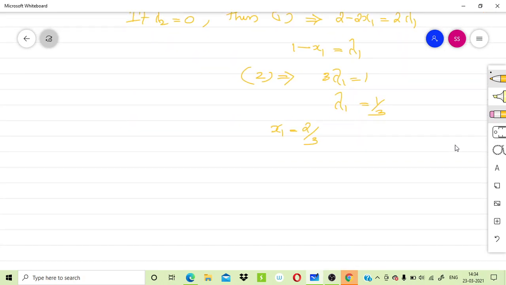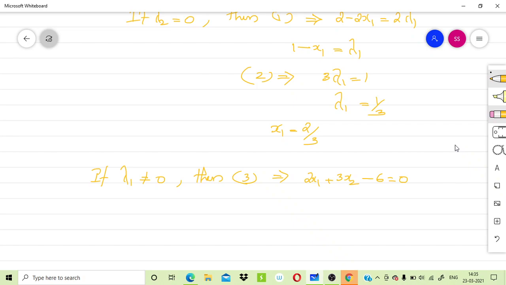So if lambda 1 is not equal to 0, then equation 3 becomes 2x1 plus 3x2 minus 6 equal to 0.